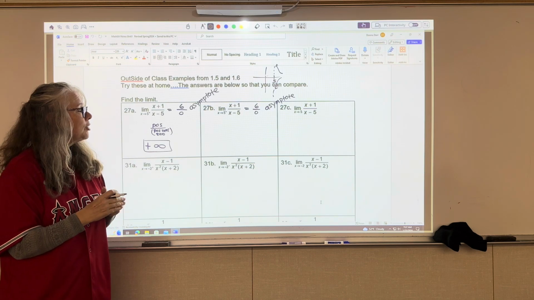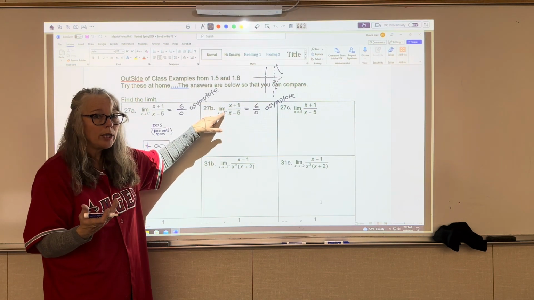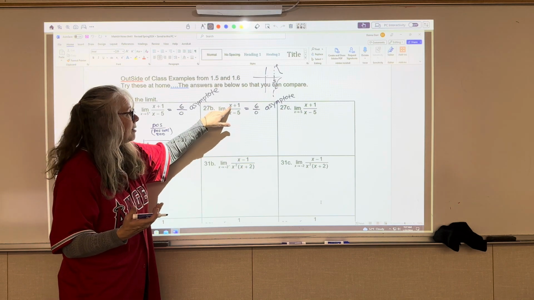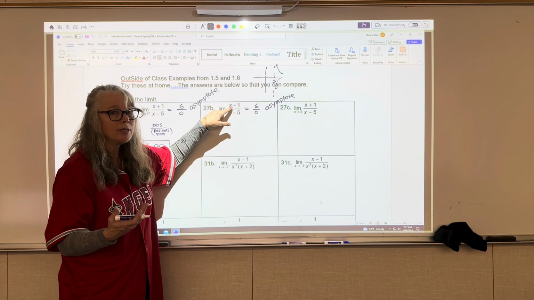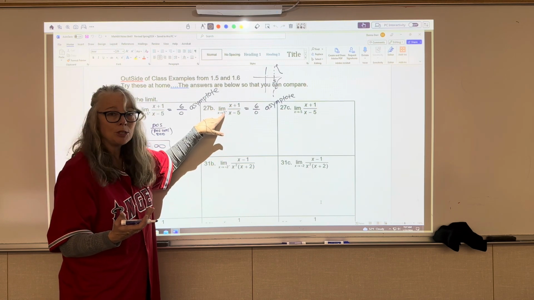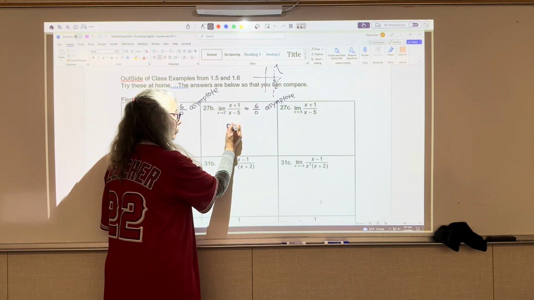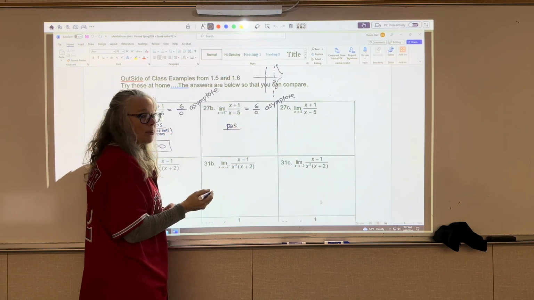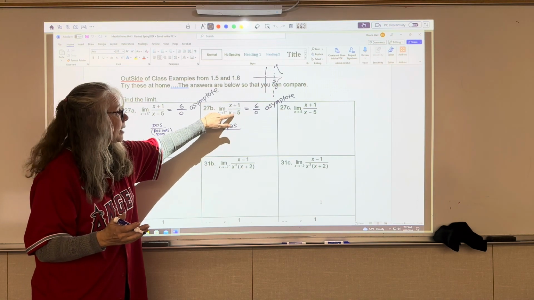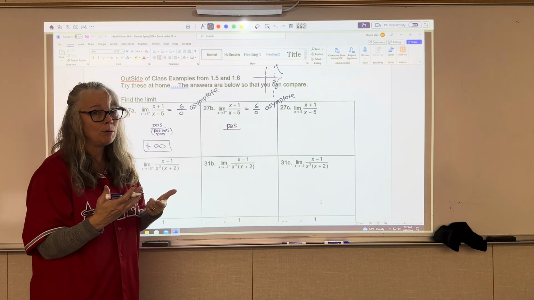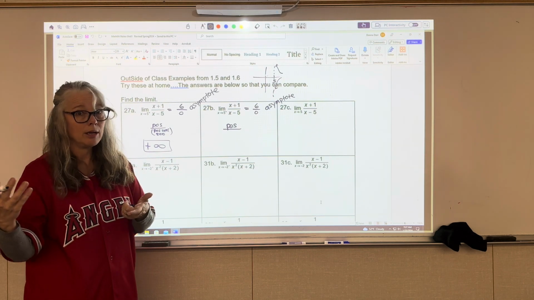If I'm a little bit smaller than 5, like 4.9, and I add 1, my numerator is still positive. But if I'm a little bit smaller than 5, like 4.9, and I take away 5, now I'm just giving you an example of 4.9, but it could be 4.9999 or 4.9999999.